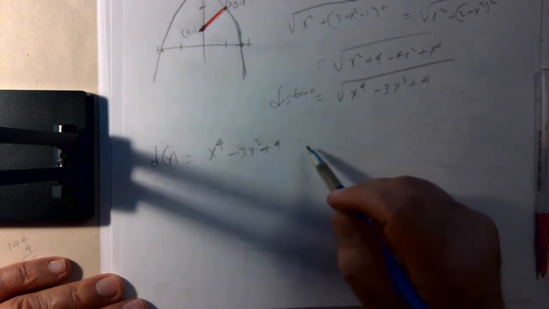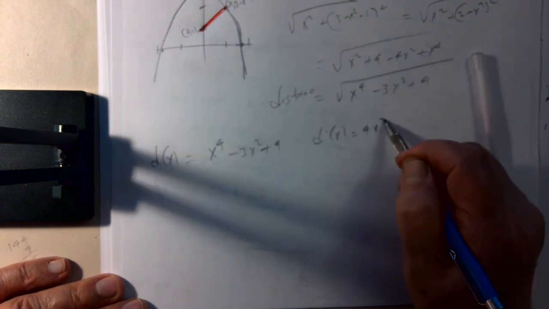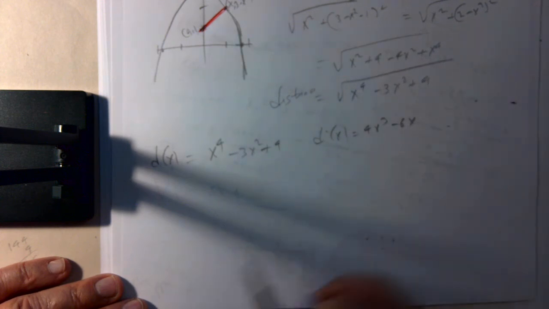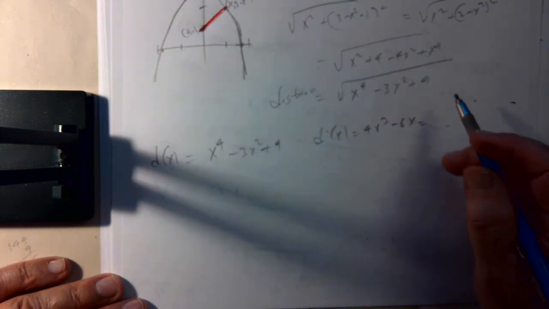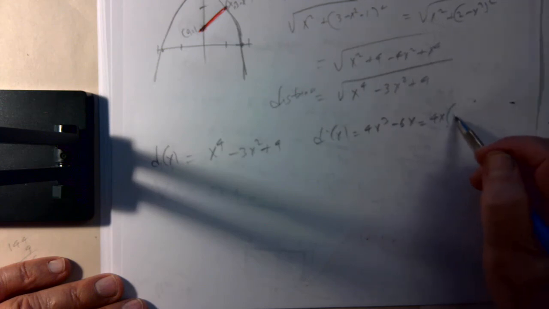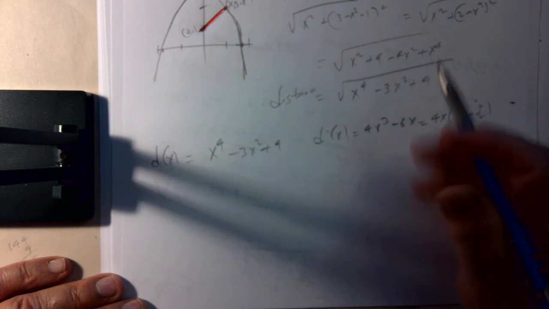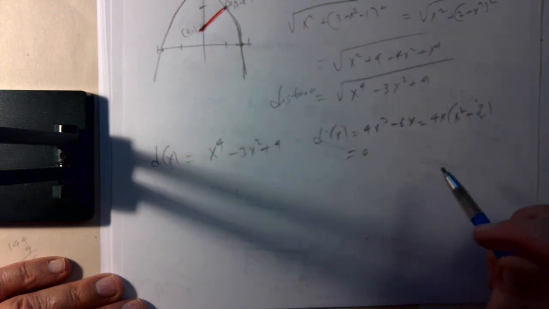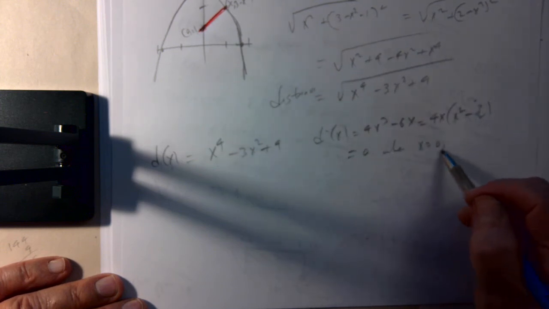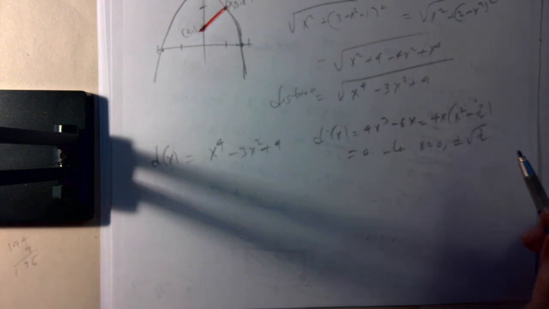So d prime of x is 4x cubed minus 6x. That's equal to, let's see, factor out 4x times x squared minus 3/2. And that's equal to 0 when x is equal to either 0 or plus or minus root 3/2.